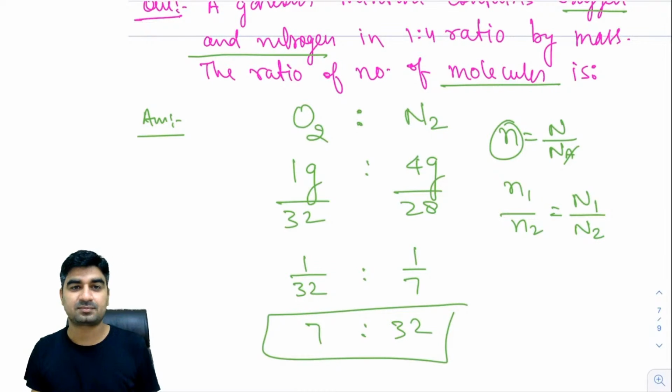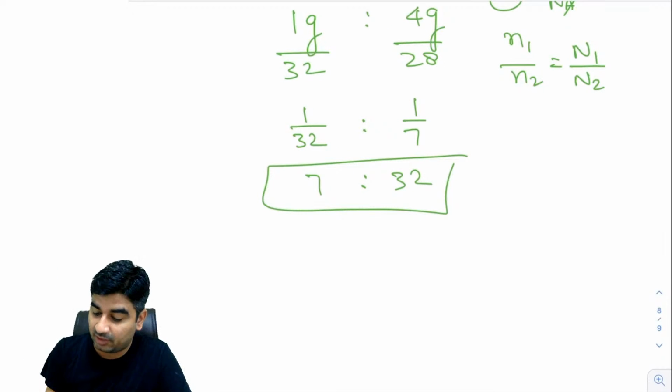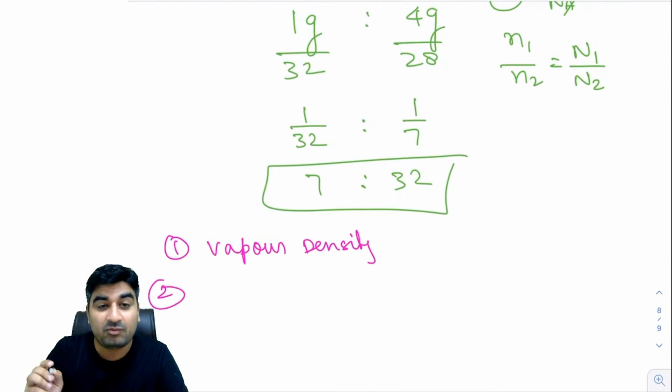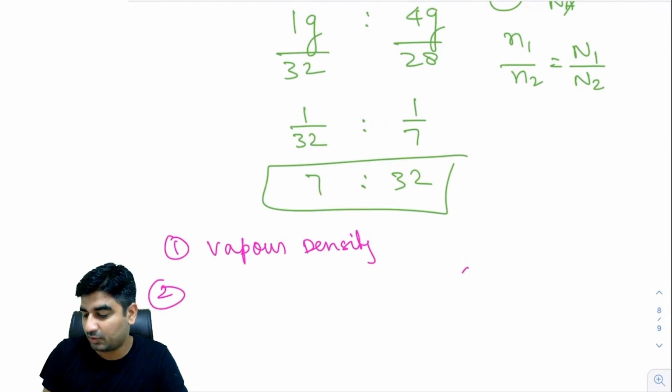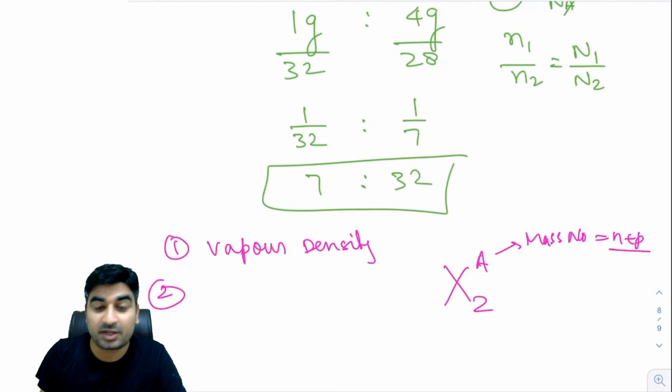Yes. So let me tell you what we are going to do tomorrow. Tomorrow I will tell you what is vapor density. And have you ever thought, I told you A, Z, this is mass number, and mass number is sum of neutron plus proton, and I told you it should be an integer.